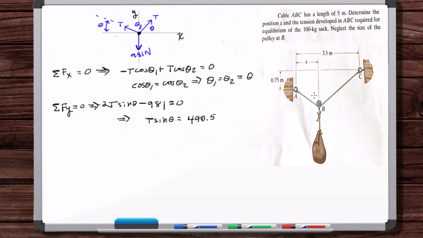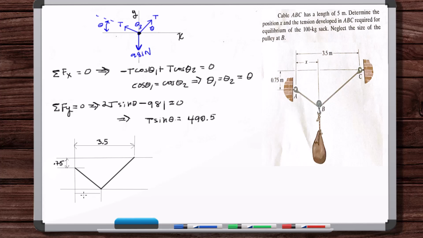Okay. So we don't have enough equations to solve for everything. So we're going to need to find another equation. So let's draw out this geometry and see what we can do with it. So we know this is three and a half. This is 0.75.